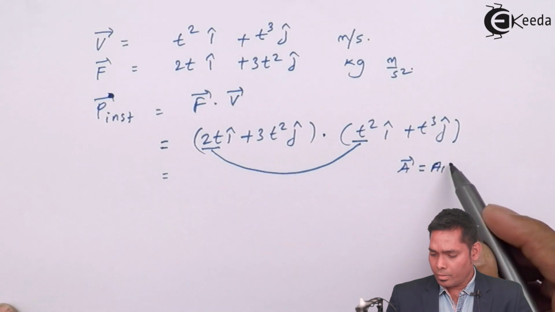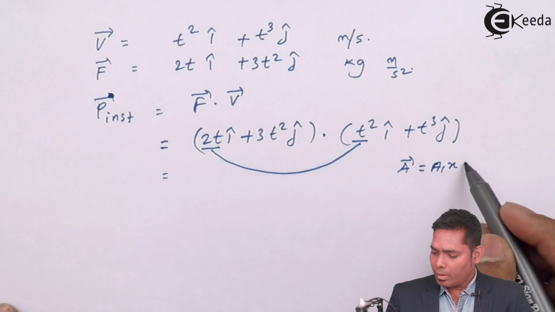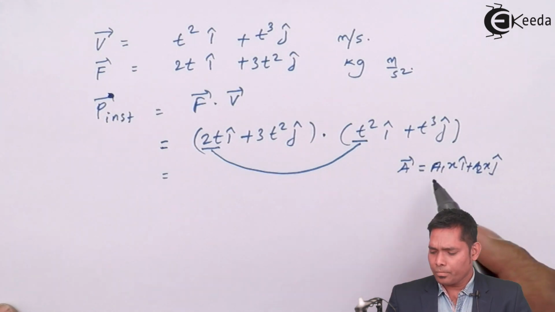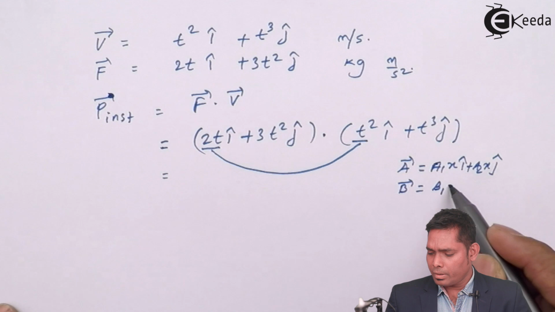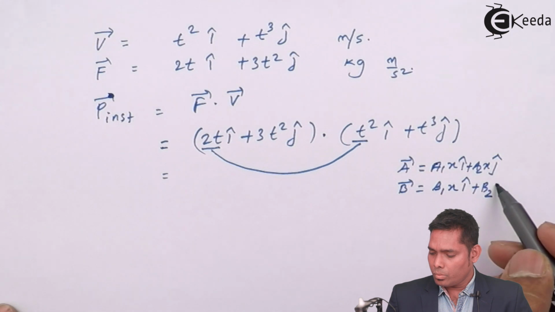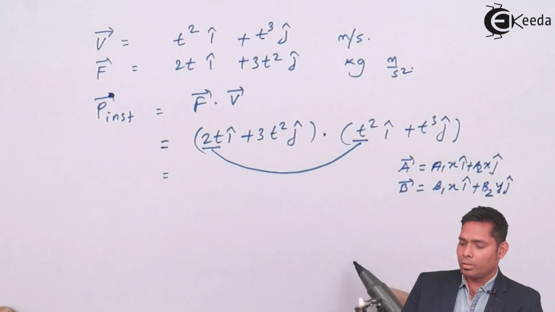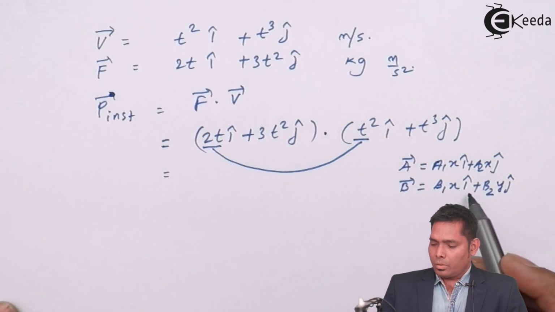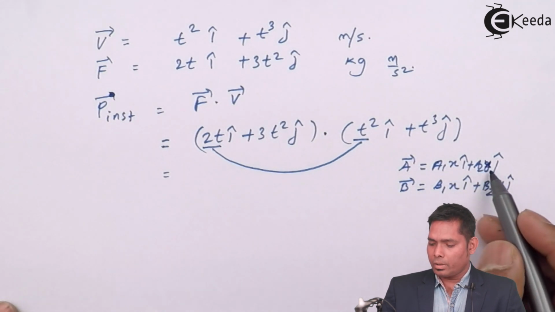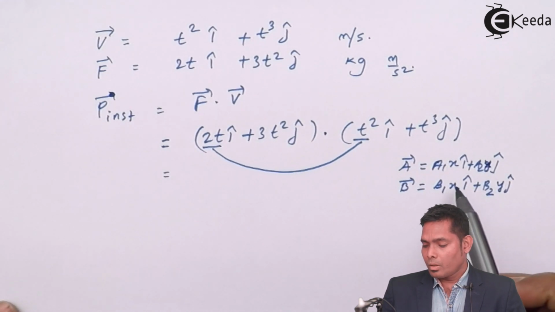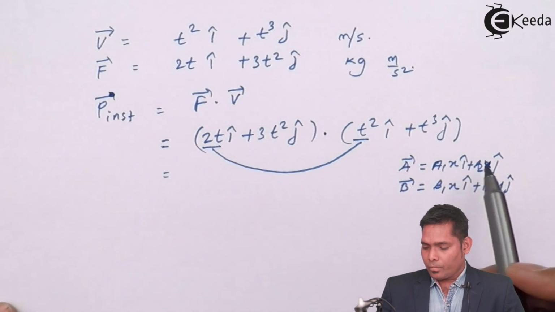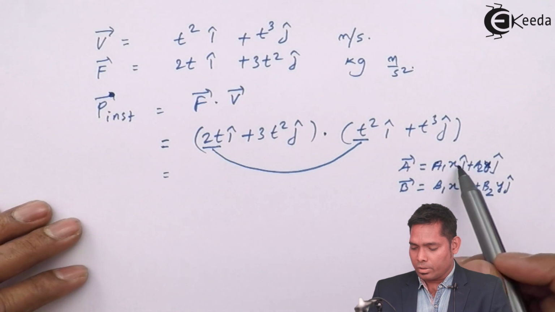a1 i cap plus a2 j cap, I will not write the third term, and B vector is b1 i cap plus b2 j cap, then the dot product is only you write the coefficients, a1b1, a2b2, and so on.